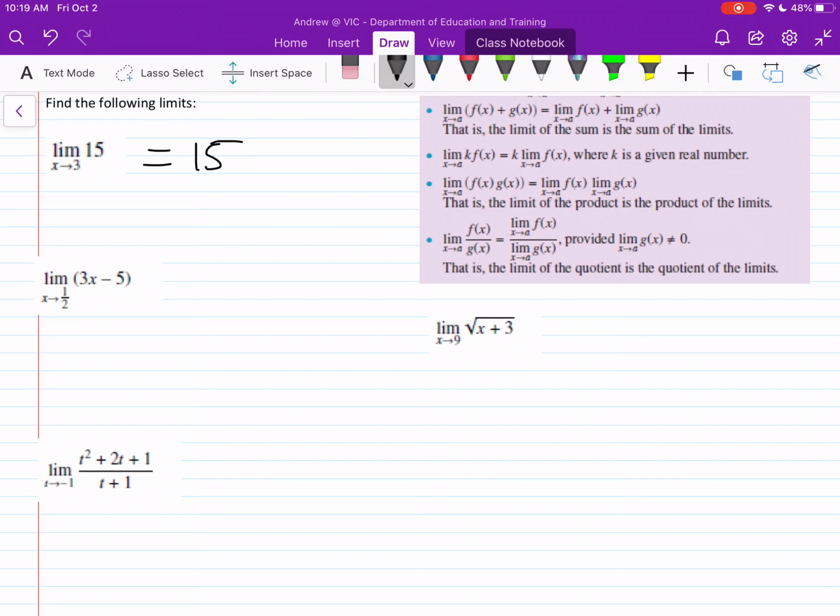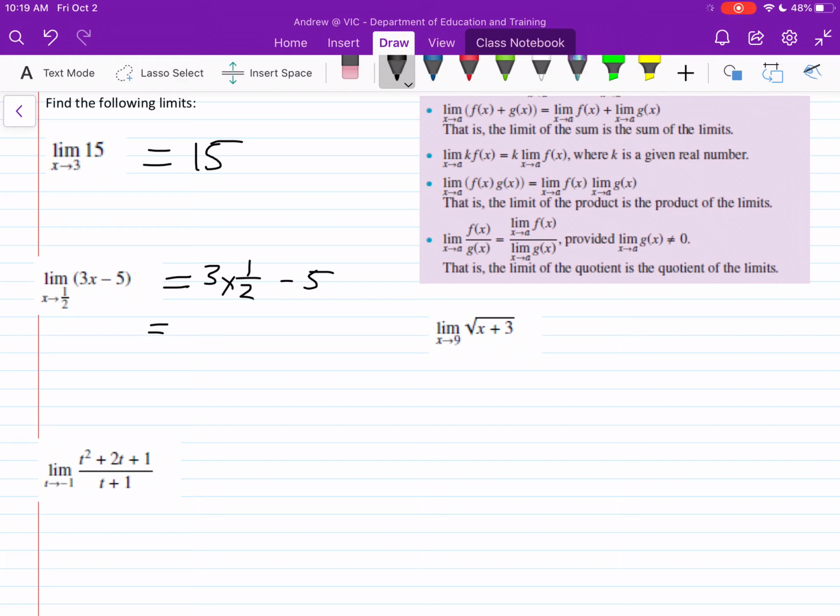So we can't substitute an x value in, so the limit as x approaches 3 is equal to 15. Now we've got the limit of 3x minus 5 as x approaches a half. What we need to do here is substitute the value of a half in, and see what value we get. So 3 times 1/2 minus 5.